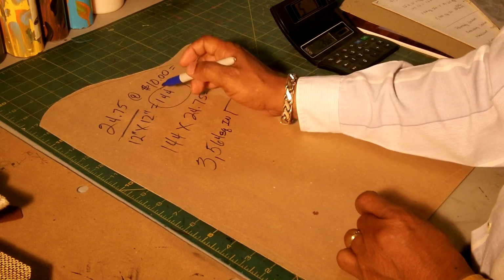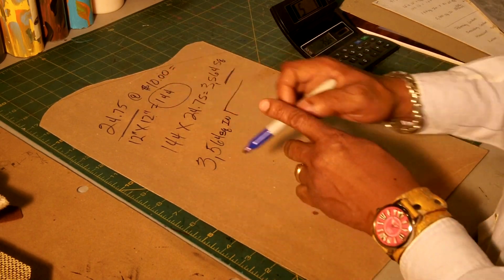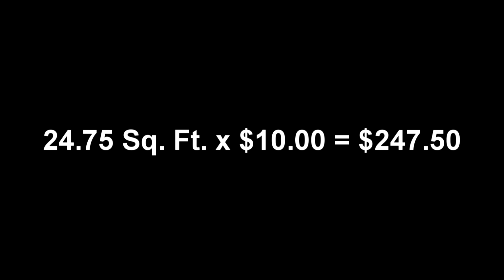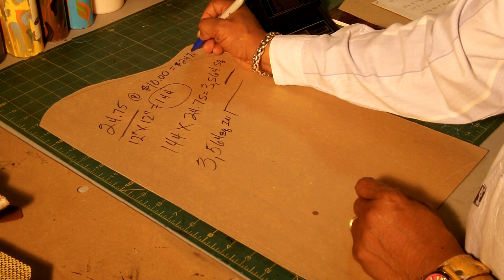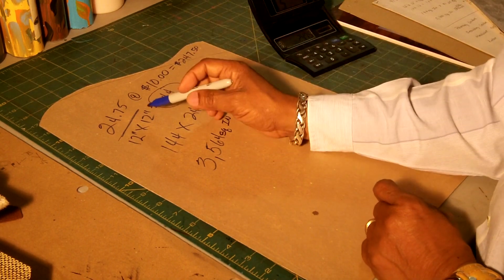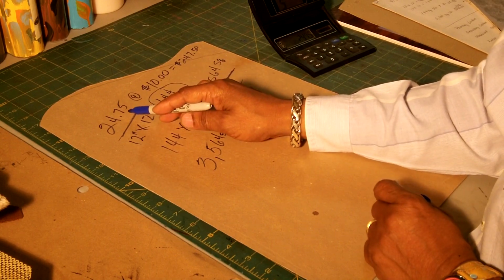I'm gonna back up, and we're going to take 24.75 times 10. So this side would cost us $247.50.